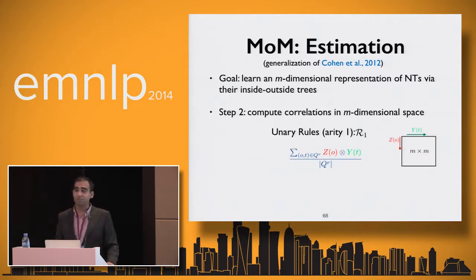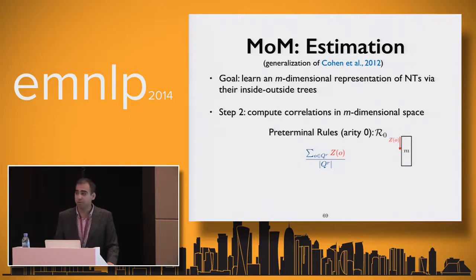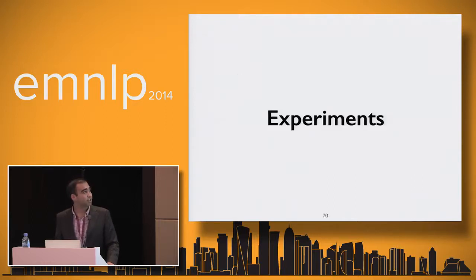We take outer products: for binary rules, tensors; for unary rules, matrices; and for pre-terminal rules, just regular vectors. That's essentially the estimation techniques that we're looking at here. Just to summarize what we've done, we've looked at a generalization of latent PCFGs to latent SCFGs, basically a latent variable model to take into account the context.